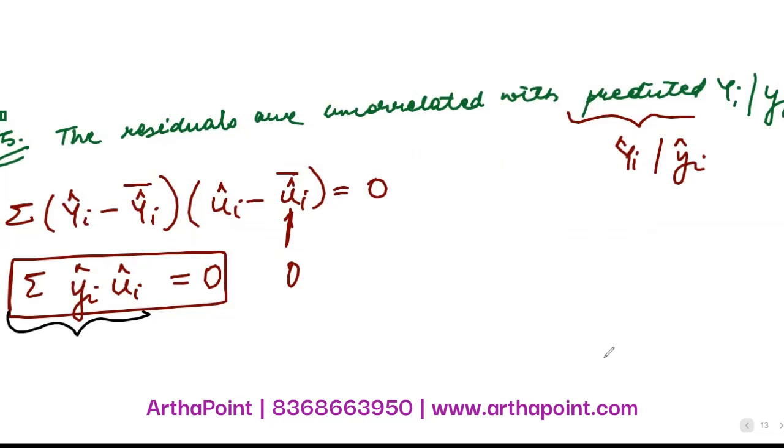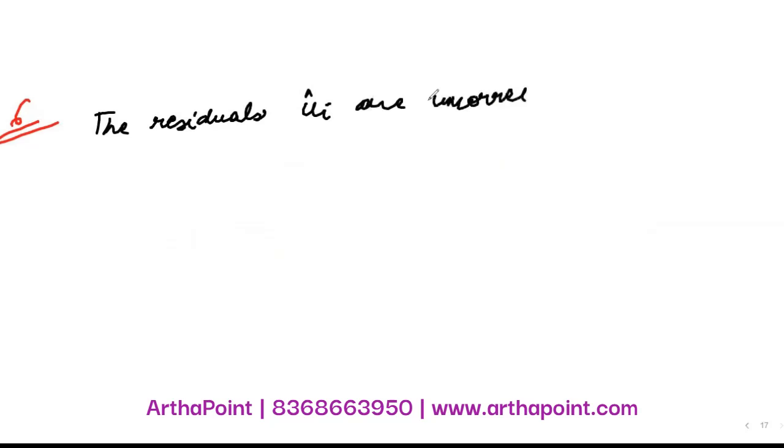Let's go to the last property of regression lines. Property number 6. The residuals ui hat are uncorrelated with xi.